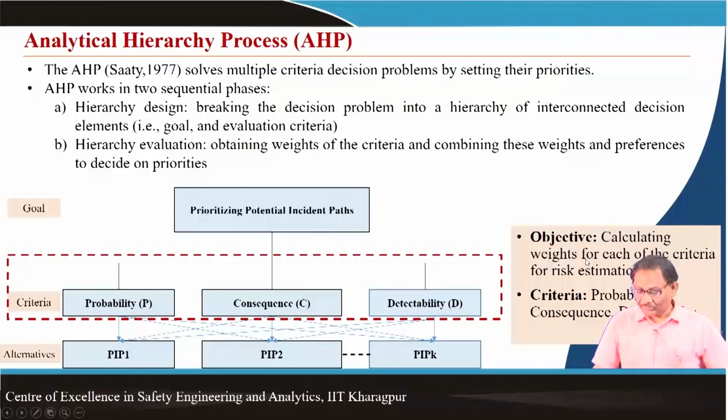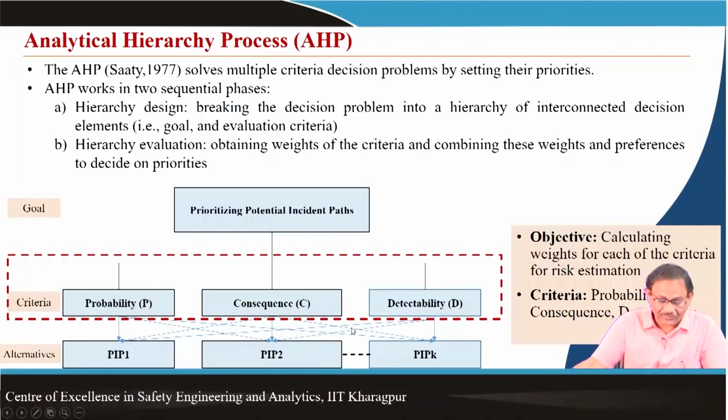Now here our objective, as I said, is that we will not use AHP in the entire process, up to alternative selection. Here we are going to use it only to prioritize the criteria. That's why I put a dotted rectangle here.